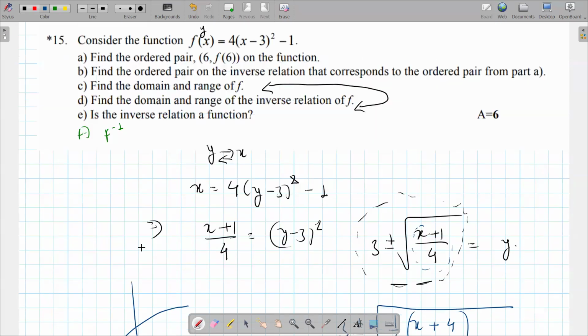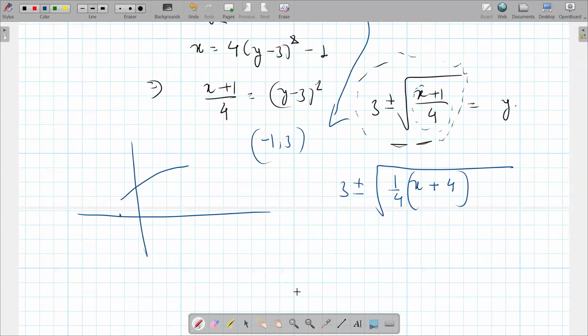We had the vertex here, didn't we? The vertex was (3, -1). That means the vertex for this guy is going to be at (-1, 3). So that's what I was trying to find here. -1 is here, 3 is here. So this is a vertex. And the square root function, it has two ends. Positive because of the plus and negative because of the minus.